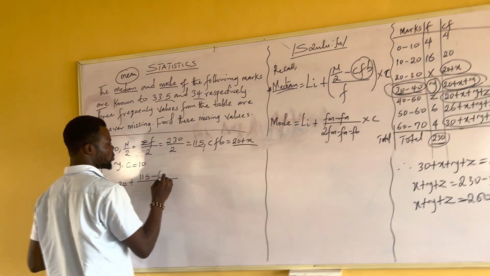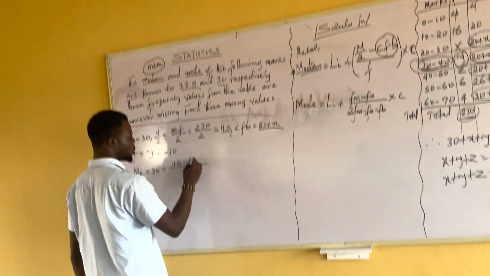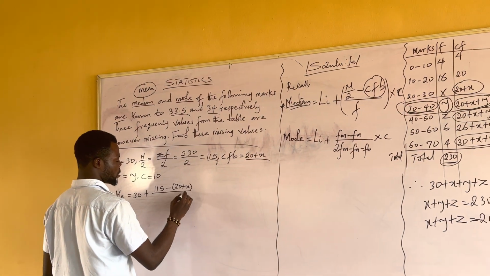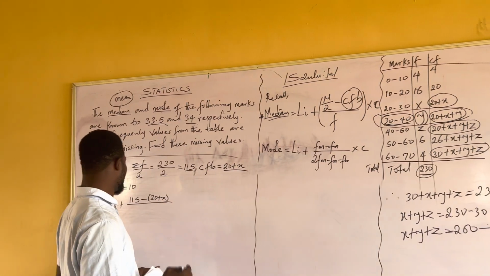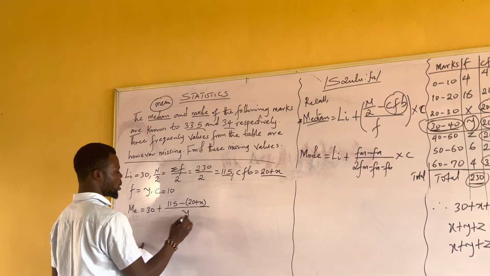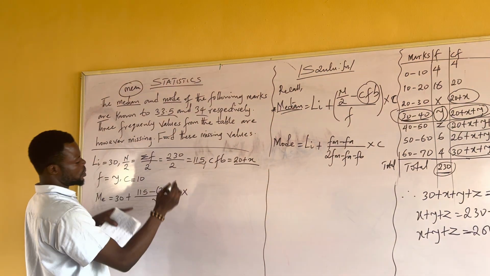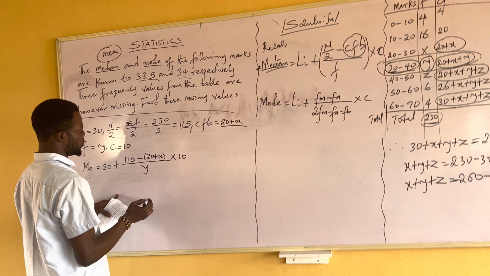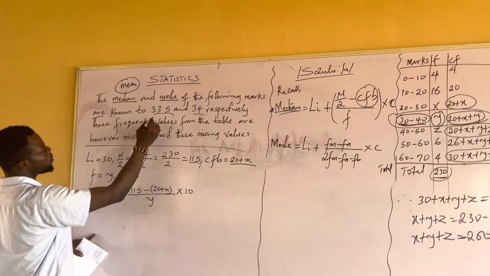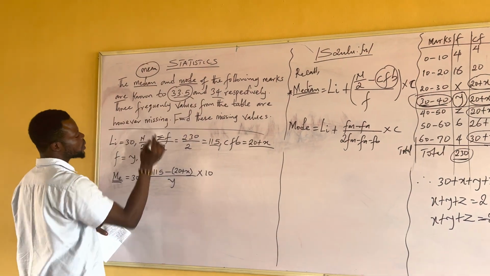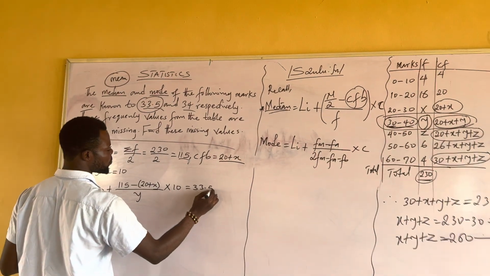We put it in brackets because of this minus. So we have 20 plus x, all over F, the frequency of the median class, which is y, then times 10, which is the class size C. Then don't forget that our median is given from the question already, which is 33.5.